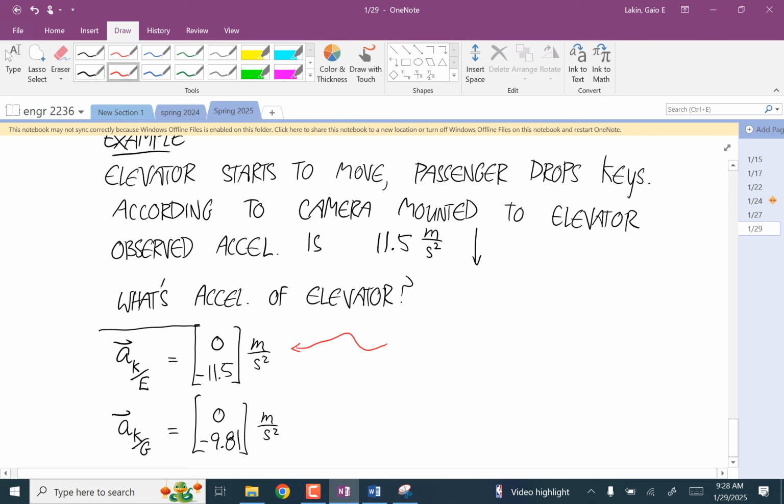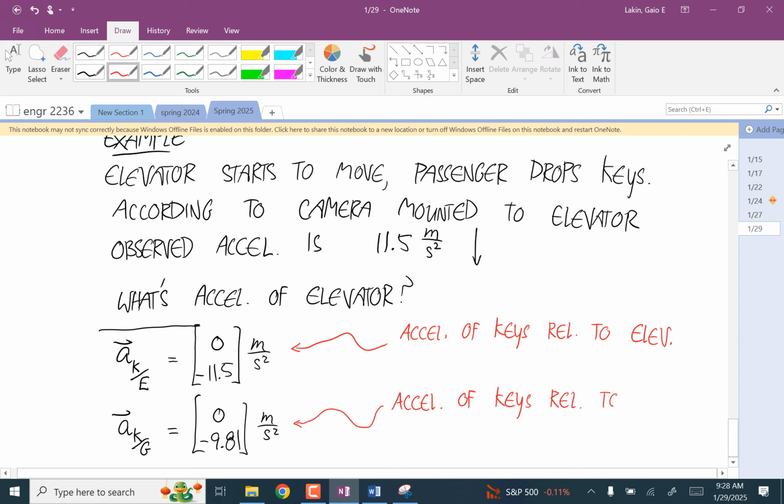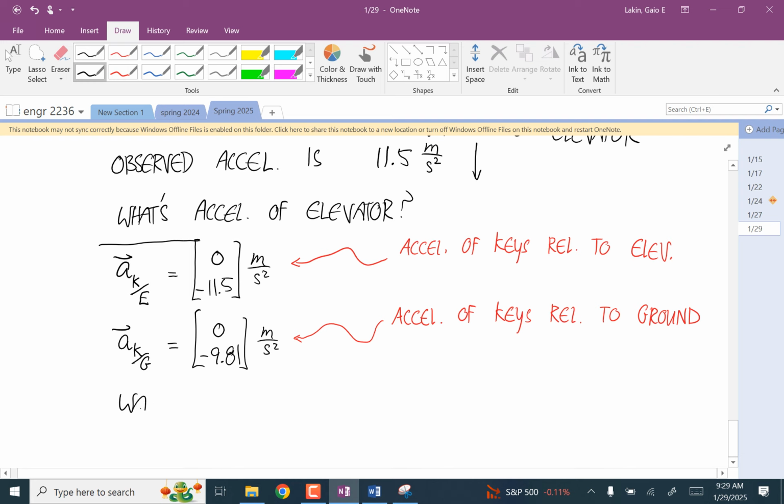So just for your notes, the first is the acceleration of the keys relative to the elevator. This one is the acceleration of the keys relative to the ground. And what we want is the acceleration of the elevator relative to the ground.